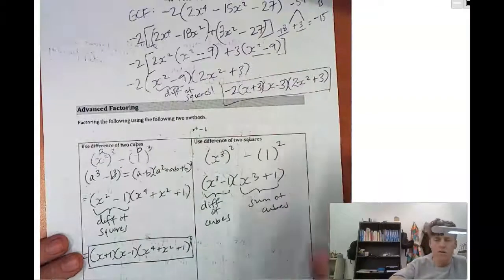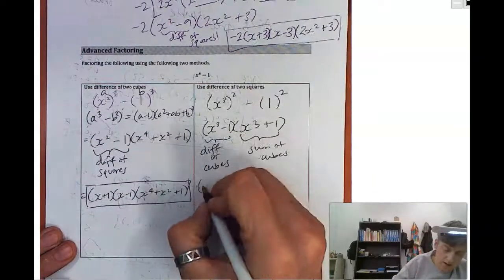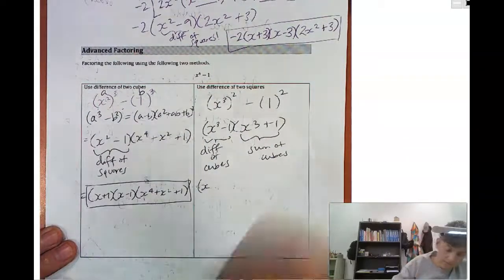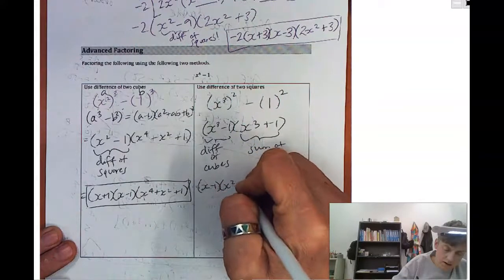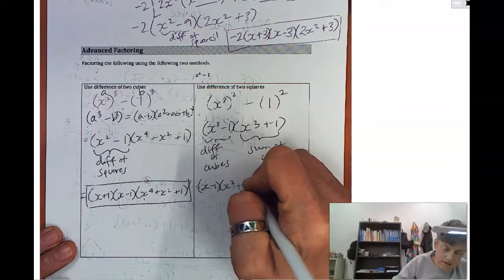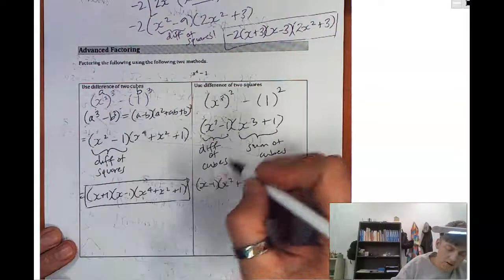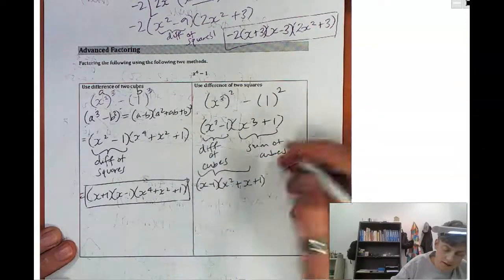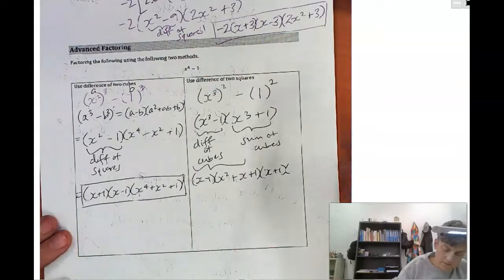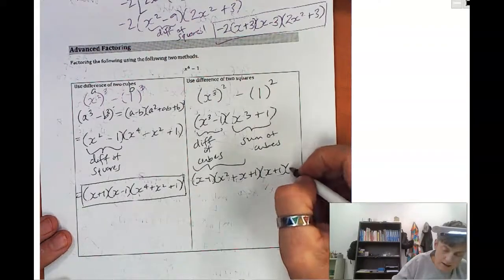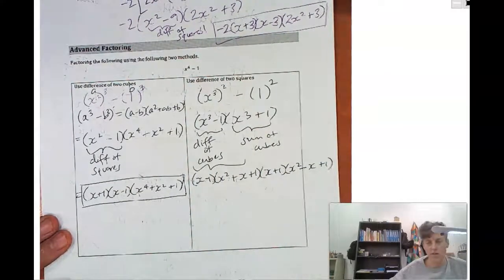So using our difference of cubes formula, this would factor to x minus 1 times x squared plus x plus 1. And using our sum of cubes formula, this would factor to x plus 1 times x squared minus x plus 1.